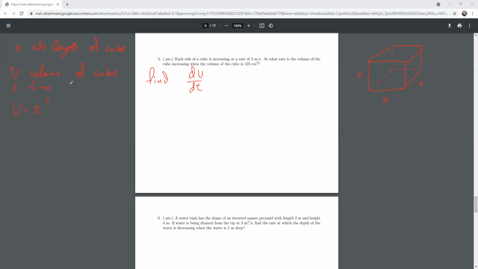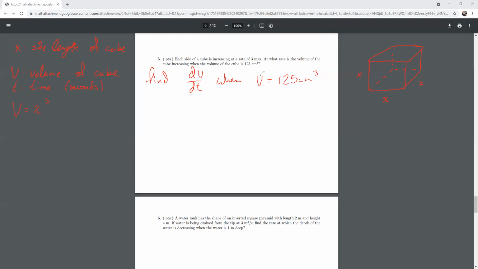Time, and maybe this would be in seconds. It doesn't really matter too much; it'll come into play later what the units are. Everything here appears to be meters except for this, sadly, which is in centimeters. So they want us to find dV/dt when the volume of the cube is 125 centimeters cubed.